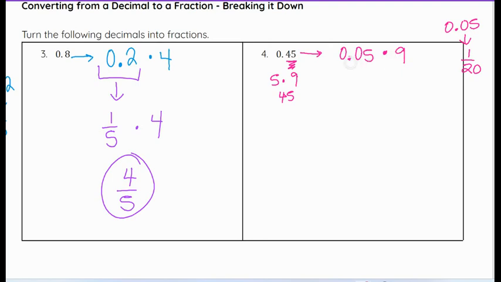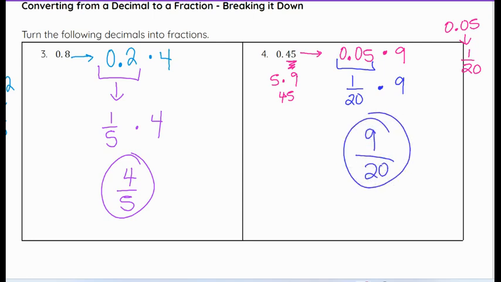And I can do that. And it's equivalent to 0.45, but then I'm able to turn this 0.05 into 1/20th. And that times 9 is just going to be 9/20ths, which would be 0.45 written as a fraction.